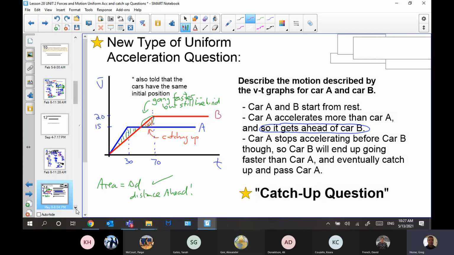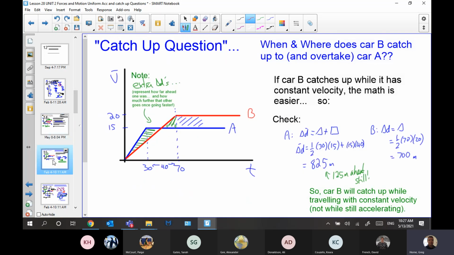This is a new type of thing that we didn't get into in grade 11. I think technically it could have been covered as far as the curriculum list goes, but I just wanted to move on with the course, and I know I'm going to tackle it in grade 12 anyway. So the idea is we want to think about the displacements.